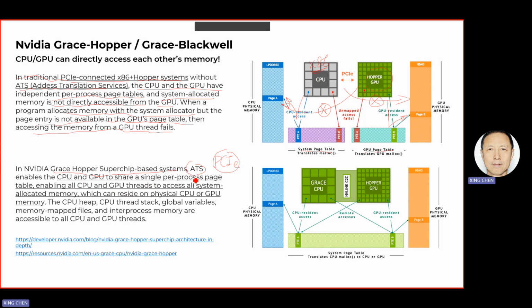The ATS service for Grace Hopper enables the CPU and the GPU to share a single process page table, enabling all CPU and GPU threads to access all system allocated memory which can reside on physical CPU or GPU memory.